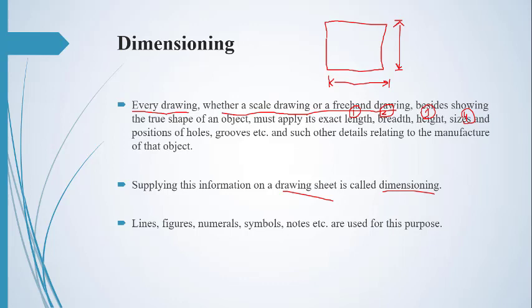For example, if we have this drawing sheet and there is, for example, something like a hole, or there is something like a pulley, like this one is a pulley, and from this pulley here is a rope.